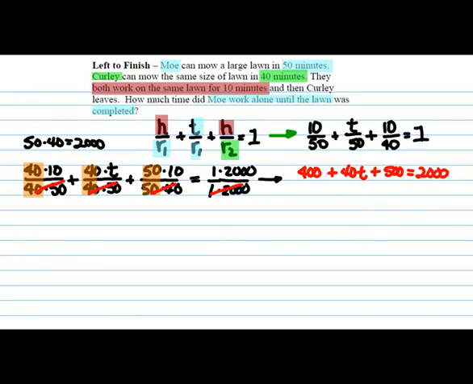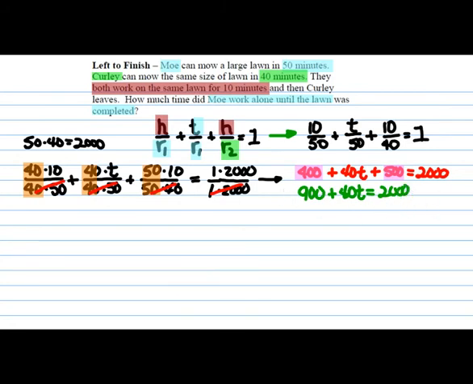If you see, I've got two like terms. Those like terms are right here and here. Now, why are they like terms? Well, they're both numbers. This one has a t with it. So 400 plus 500, that is 900. So 900 plus 40t equals 2,000. Now I'm ready to solve.